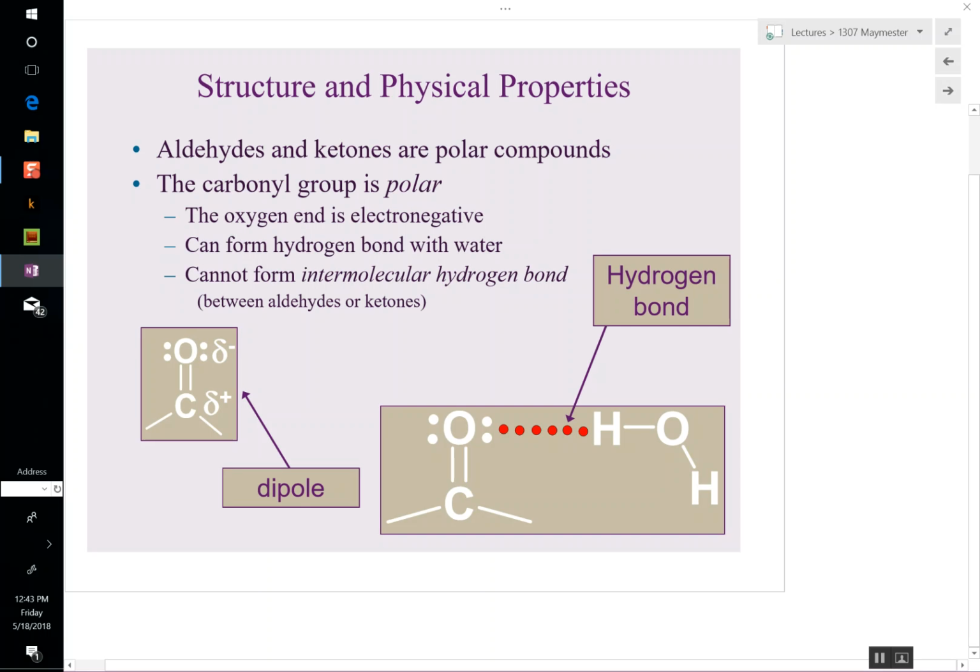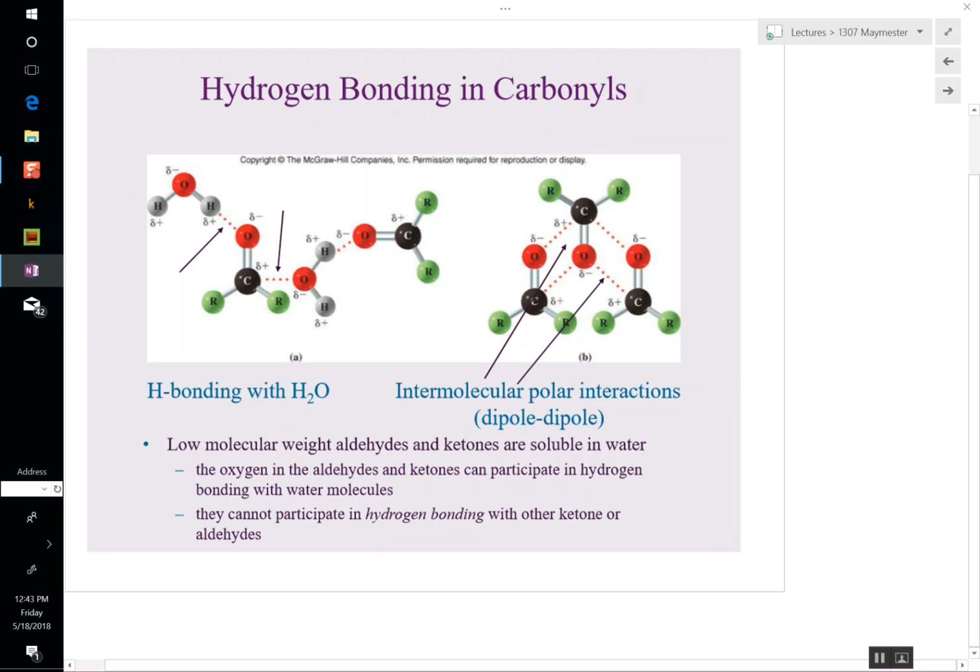All right, we'll maybe flash by this real quickly. There is a little bit of polarity. The carbon is somewhat positive, the oxygen is somewhat negative, but again, like the ethers, we don't have a hydrogen on here. There is some hydrogen bonding here, more so than ethers. Let's see if the next slide shows us that. Let's look over here.